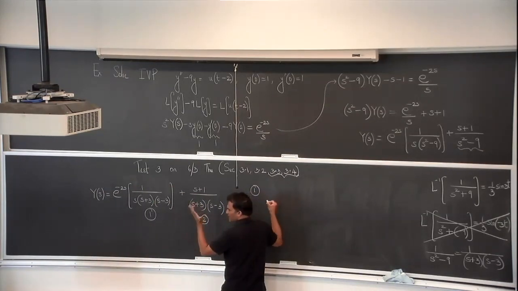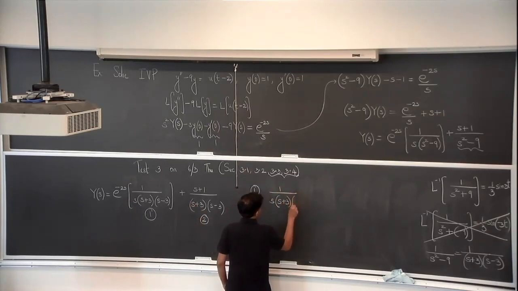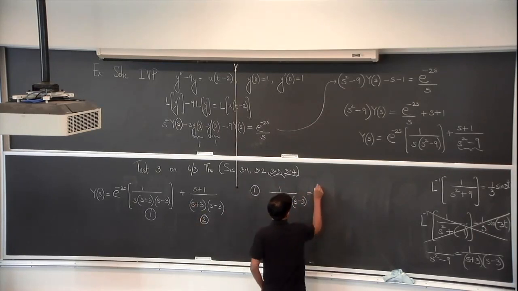Not difficult, but it takes time to do this. It's 1 over s times s plus 3 times s minus 3 equal to a over s plus b over s plus 3 plus c over s minus 3.